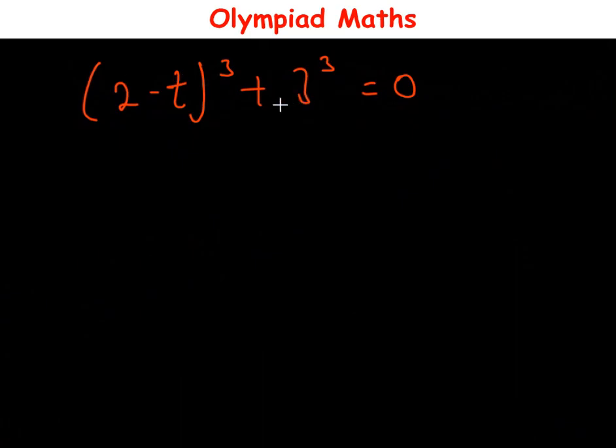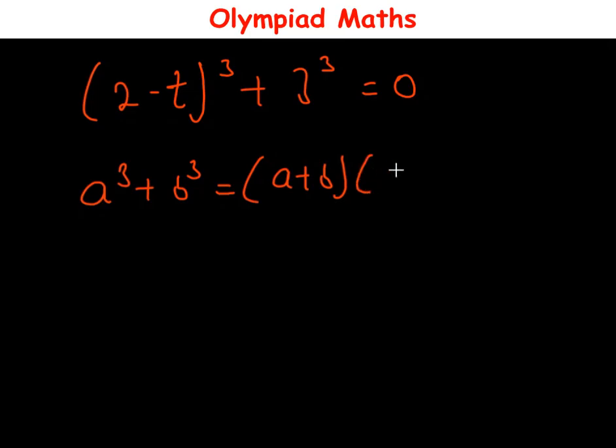So first, what you have is the sum of 2 cubes. Okay, so if you have a raised to power 3 plus b raised to power 3, this equals in bracket a plus b multiplied by a squared minus ab plus b squared. Okay, and in this case, the value of a is equal to 2 minus t, while the value of b is equal to 3.